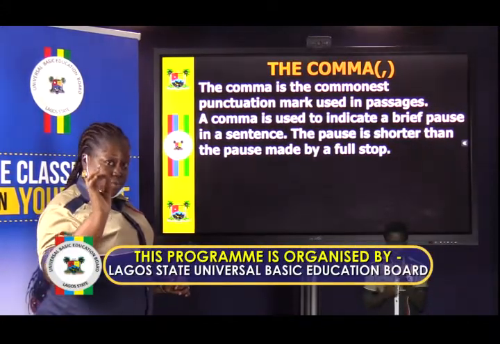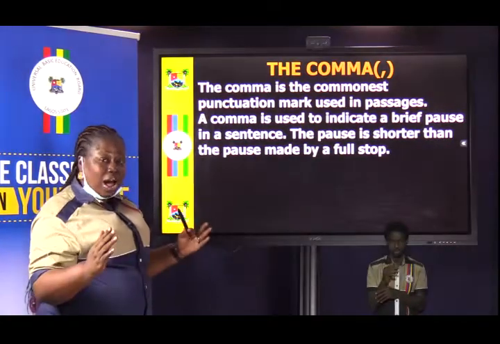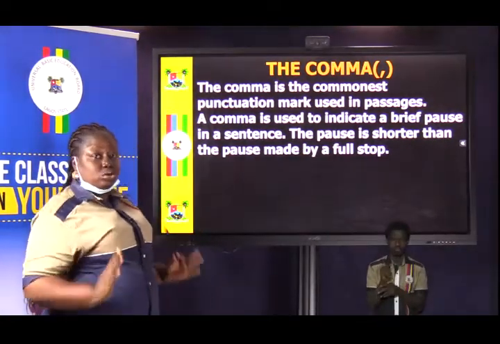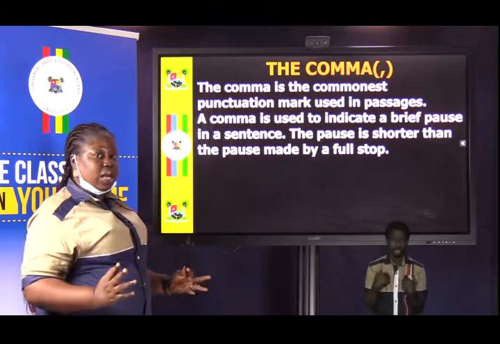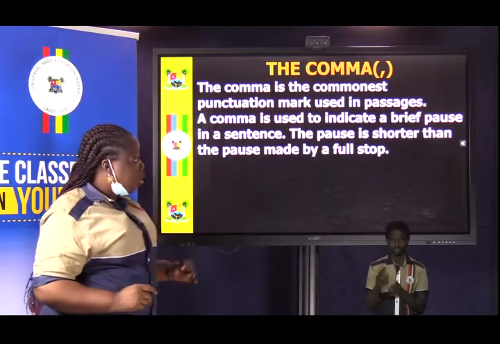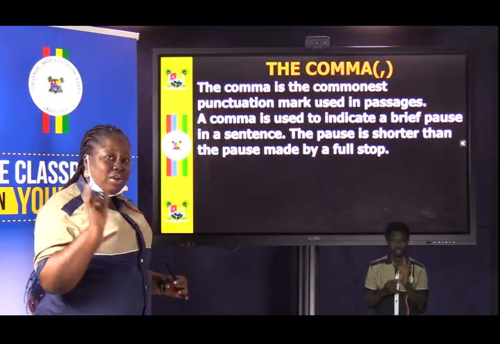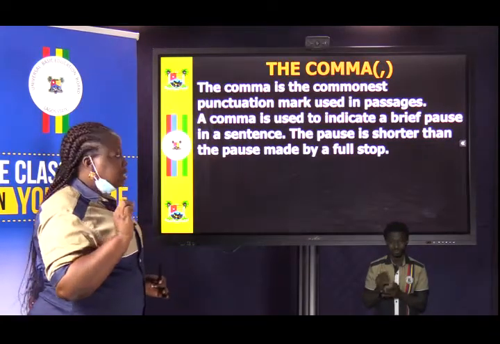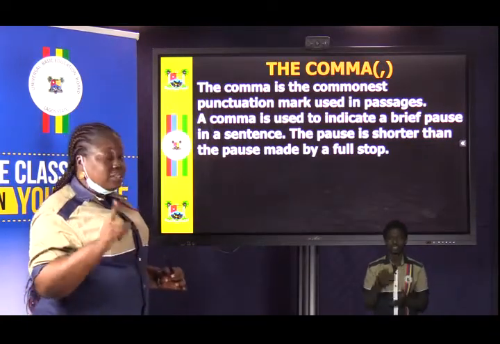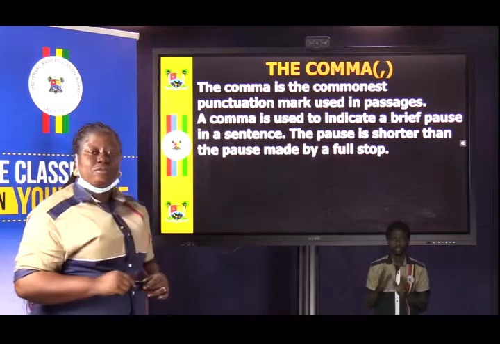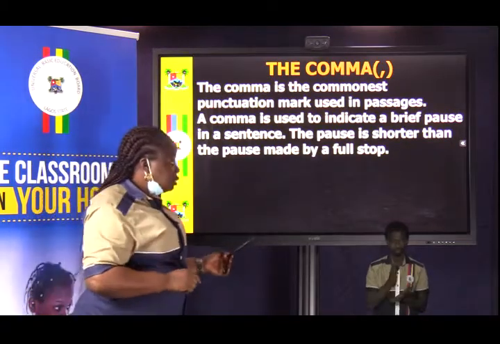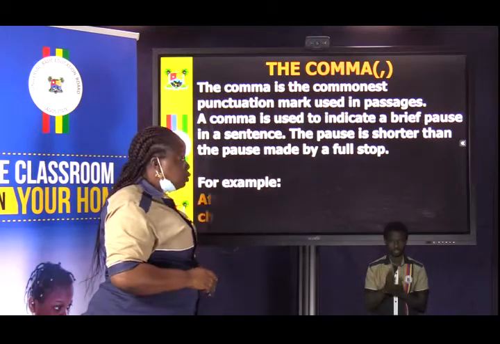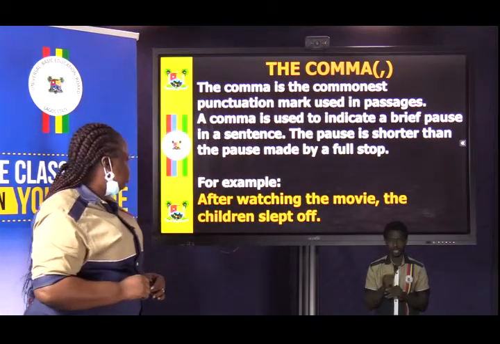Instead of the kind of pause you have with a full stop, where you stop for some seconds, a comma indicates a very short pause in a sentence. The pause is shorter than the pause made by a full stop.